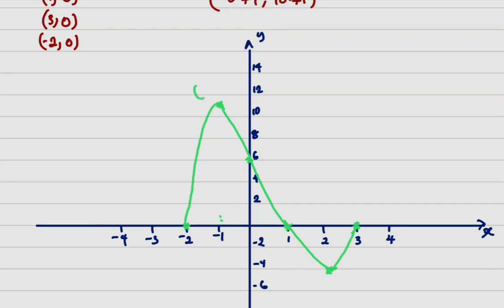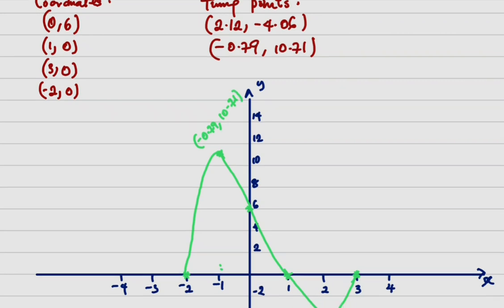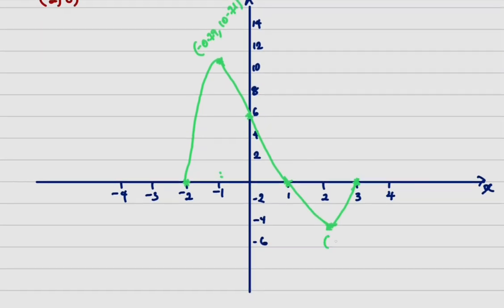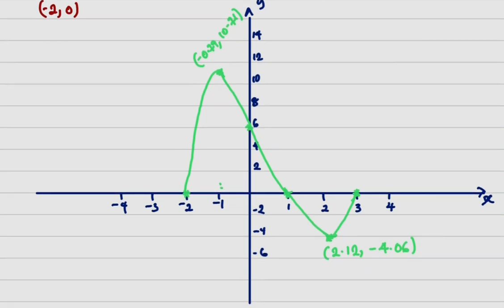At this juncture, which is the maximum point, we have minus 0.79 comma 10.71. So we're done with that. Then at this minimum point, we have 2.12 comma minus 4.06. Now this is a sketch of the curve that we need to draw. This is a good sketch.